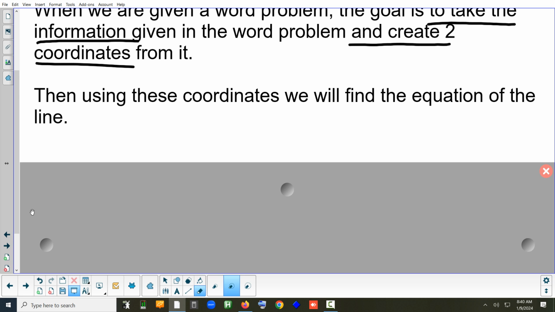We're going to have to find the slope. And what's the other thing you always have to find with the slope? The y-intercept. And the y-intercept is always the number that's paired up with what? Like in a coordinate, it's always the number with 0. Yep. So I'm going to definitely give you a coordinate that has a 0.